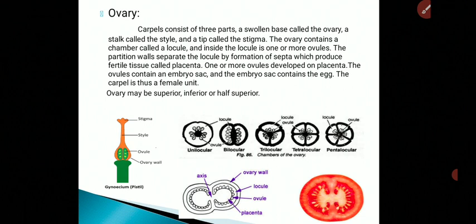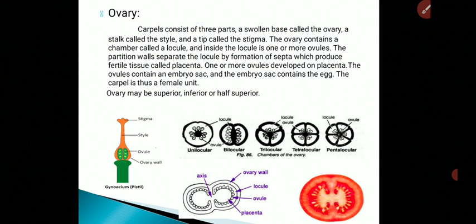Now look at the diagrammatic representation. Here in the unilocular ovary, a single locule is present, and at the center there are ovules attached to the central axis. The second one is bilocular, where the ovary is divided into two chambers.